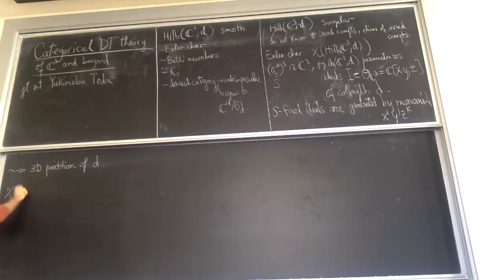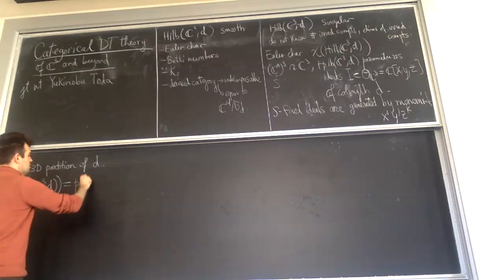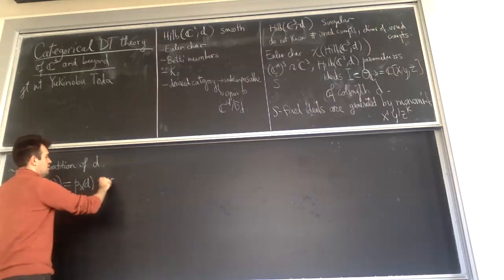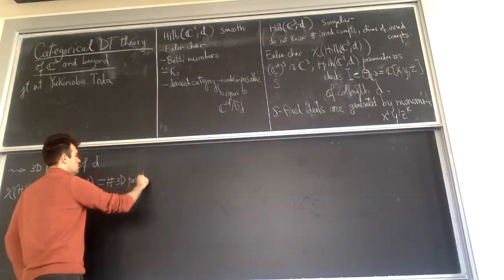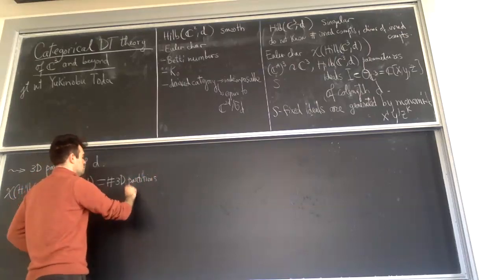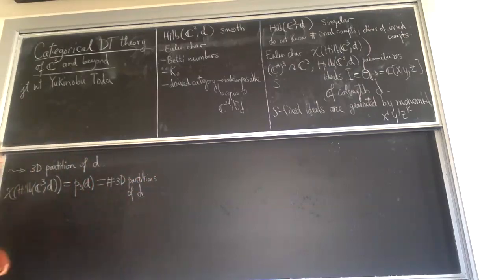So then the Euler characteristic of Hilb^d(C3) would be P3D(d), which is my notation for the number of 3D partitions. So we found the Euler characteristic.